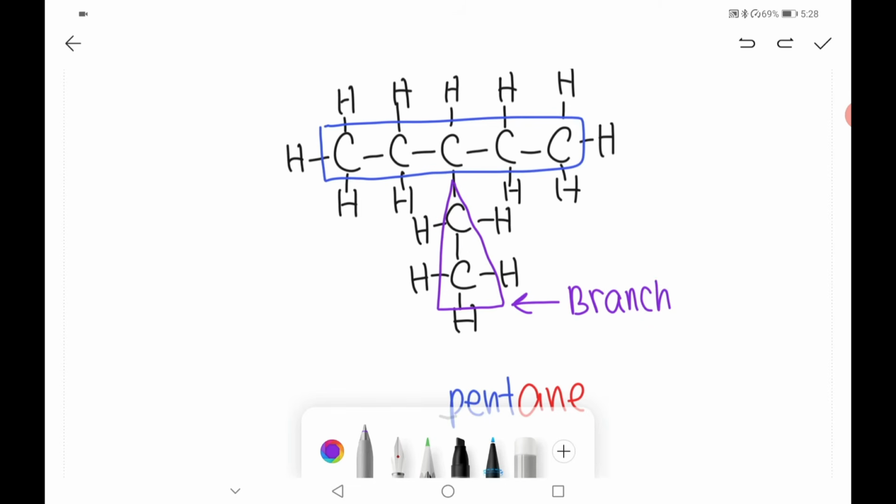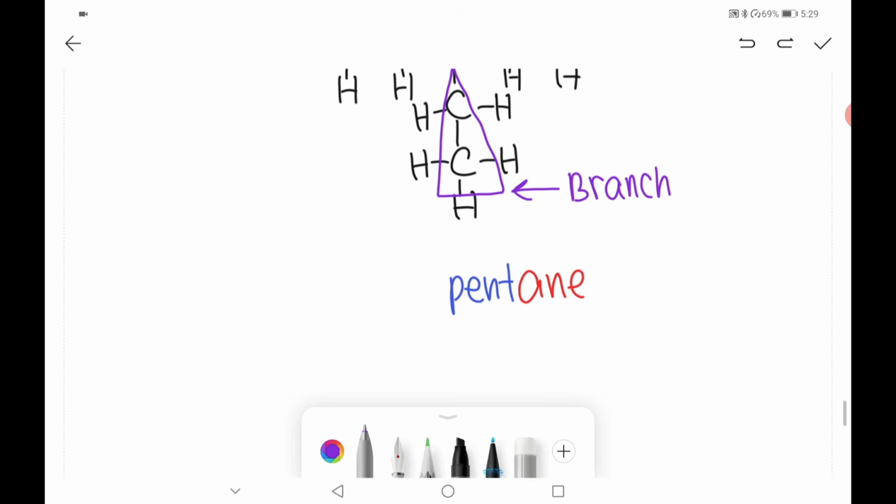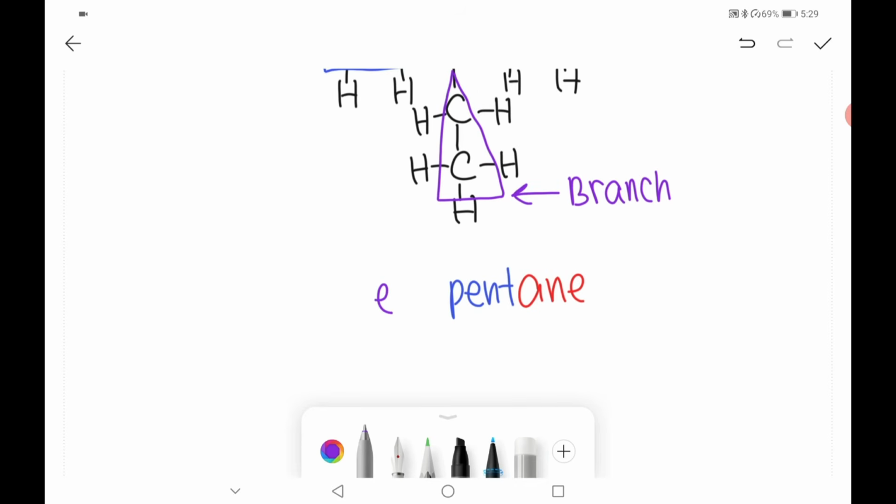So when we have carbon branch, how to name it? For carbon branch, we follow back the mama eat papaya. When we have 1 and 2 carbon, 2 carbon is eth.